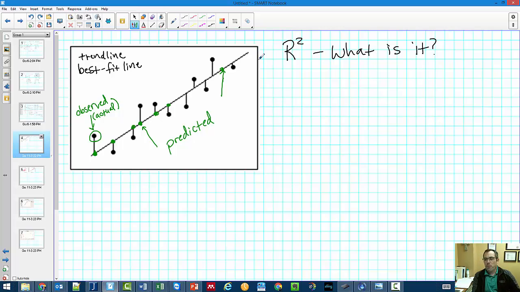So when we talk about R squared, we might remember before we used R as kind of being variance. R squared is the statistical measure of how close the data are to the fitted line.